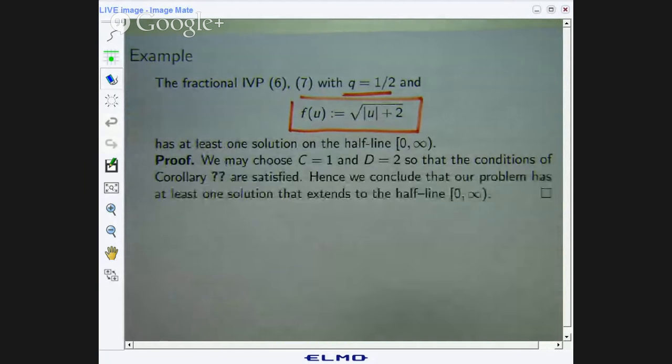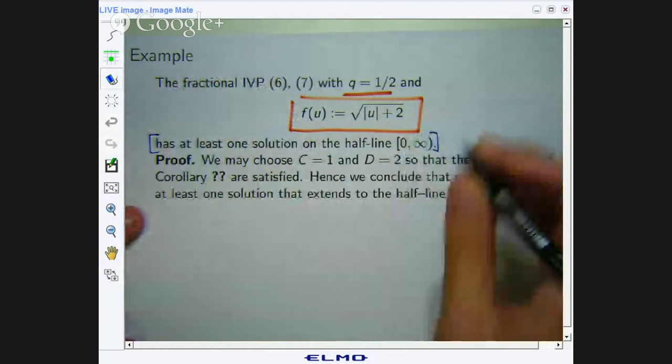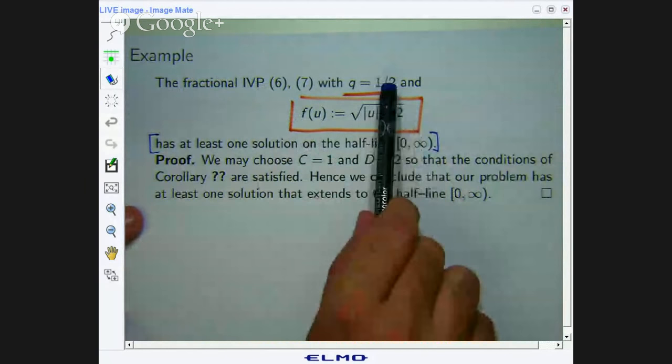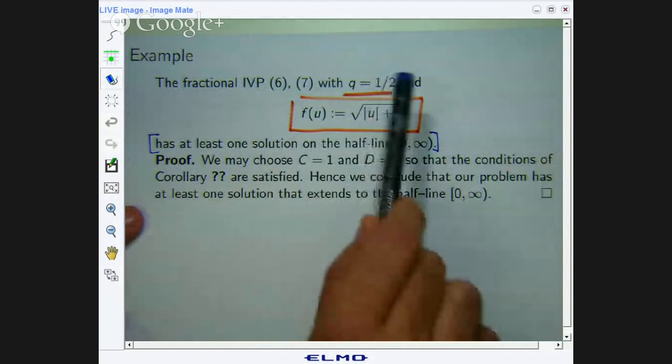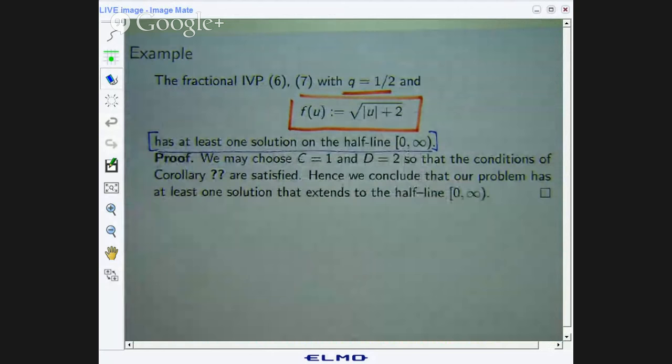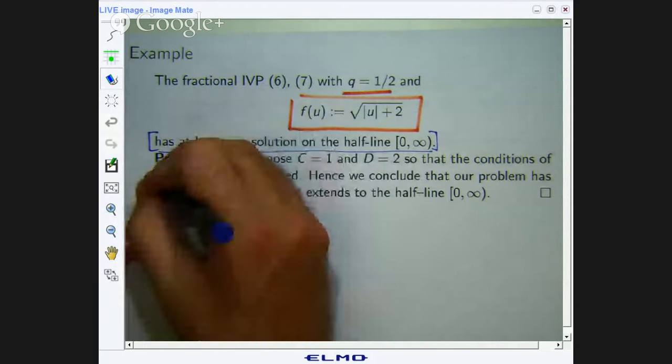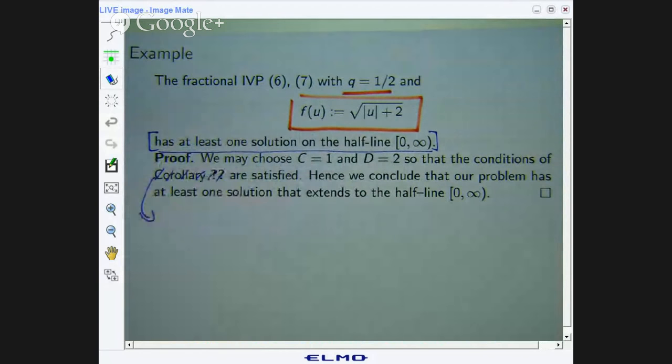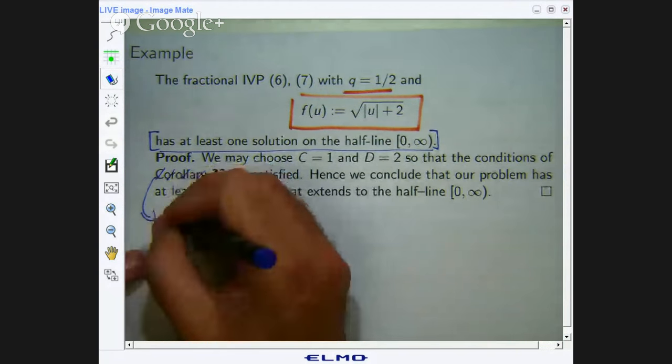And the claim is that for the initial value problem of order 1/2 with this f, there's at least one solution to this problem on the half line. Okay, so this will be Theorem 4, I think. I think this is Theorem 4.